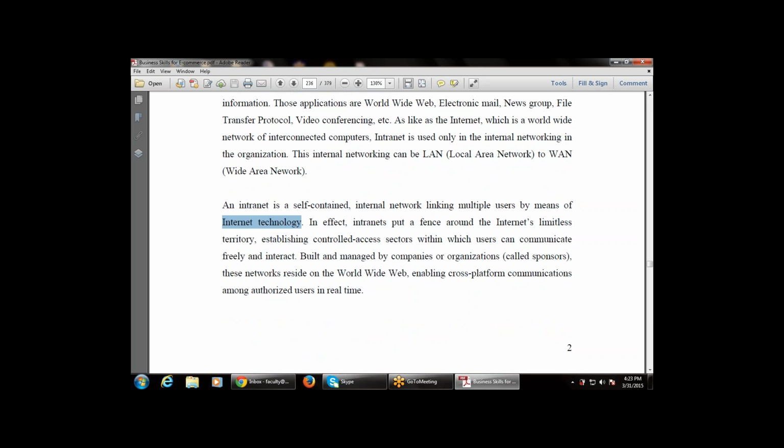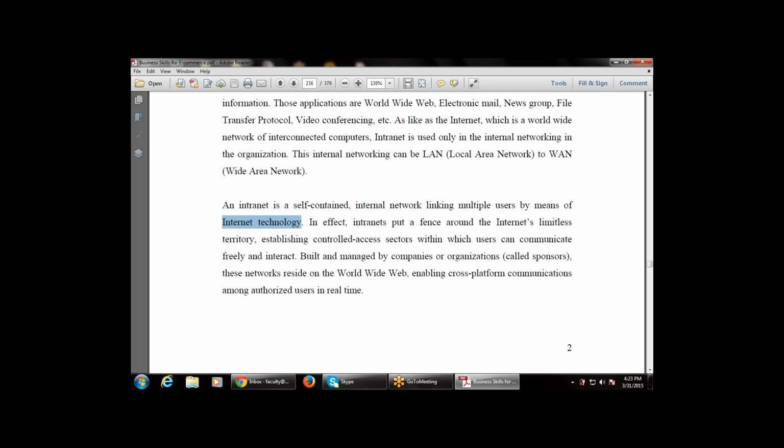So suppose me and my colleague are working together. We may communicate with each other with the help of the intranet, because we are employees of the same organization, and in the organization there is an intranet. So if I want to explain the intranet, it is a self-contained internal network linking multiple users by means of internet technology.